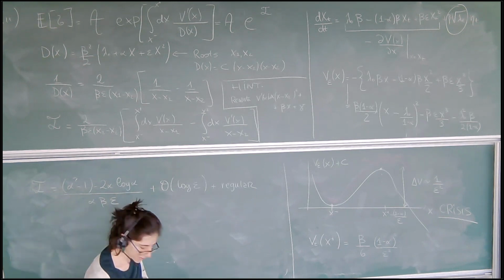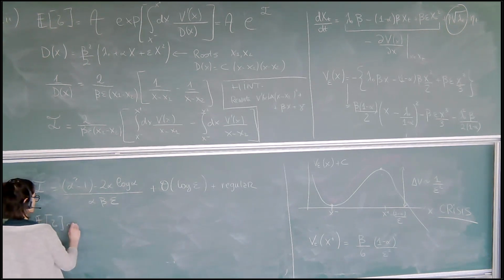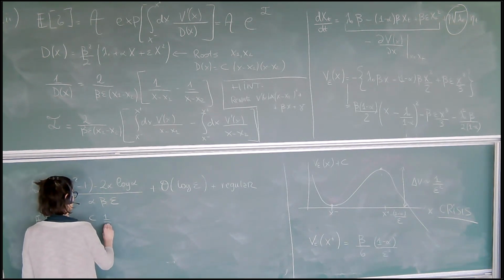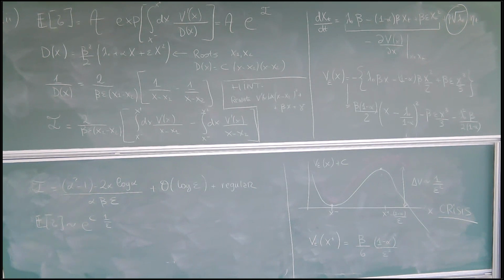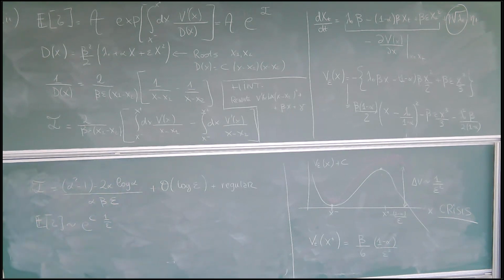And so the important point, and with this we can conclude, is that you find then that your average time for your escape or activated processes goes like e to the some constant times 1 over epsilon. And so again, when you take epsilon to 0, you see that you recover the situation in which this time explodes, and you cannot have any of these activated processes.